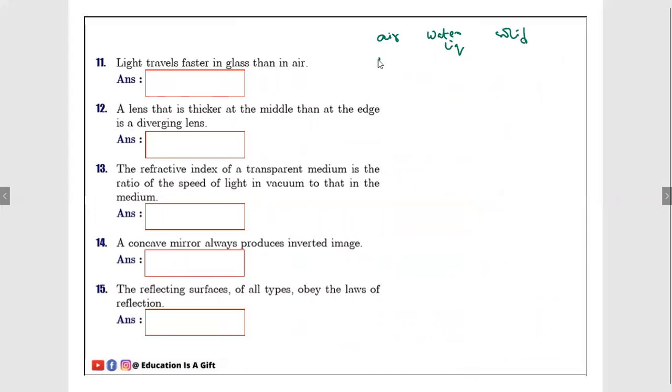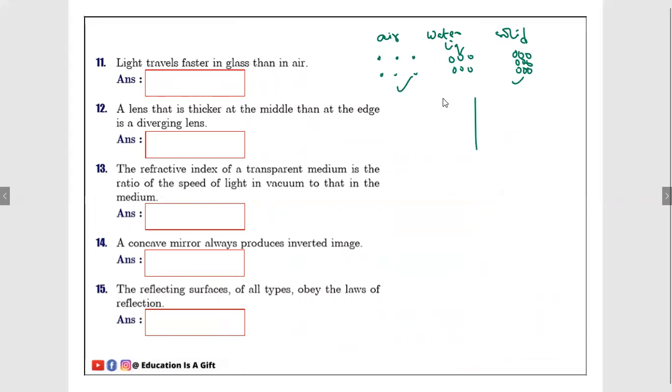In ninth class we have learned air molecules are very loosely packed, water molecules are moderately packed, and in solids all molecules are very tightly packed. The speed of light in air will be much greater. In solid, the speed of light will be less. And here they are comparing air and glass. We can compare air and solid.